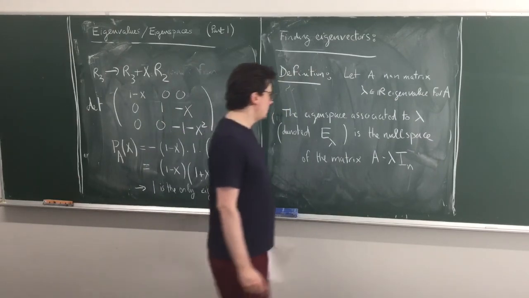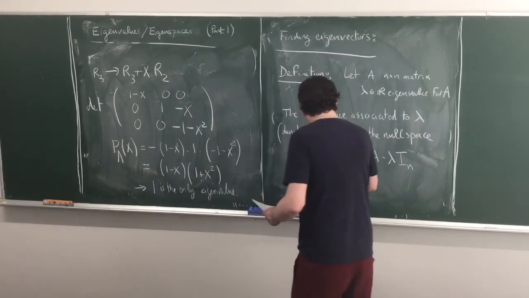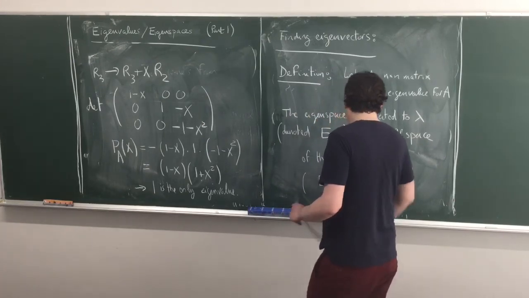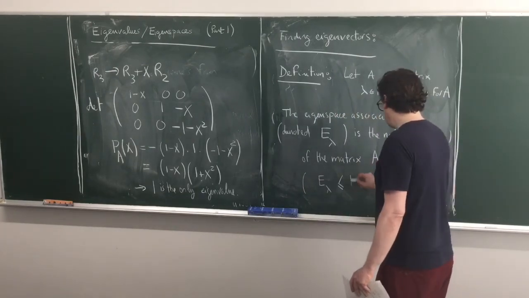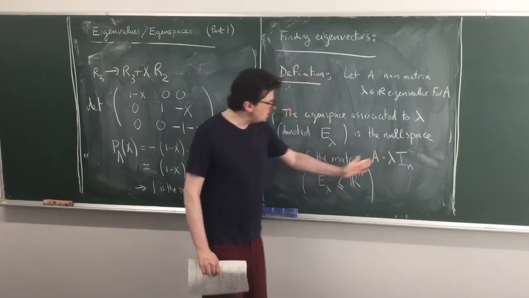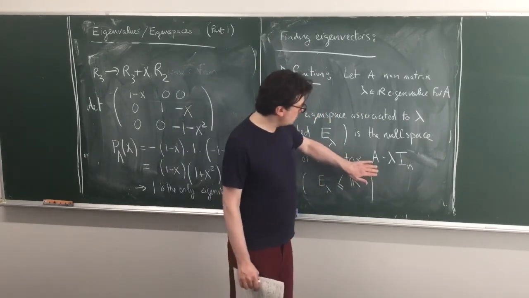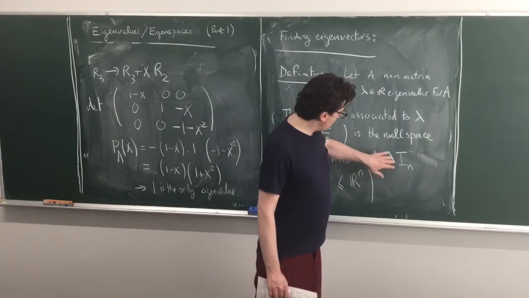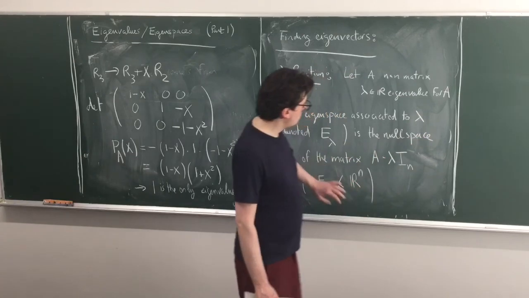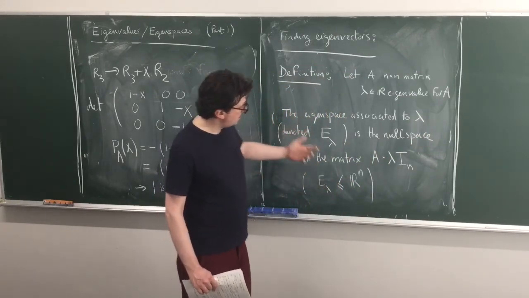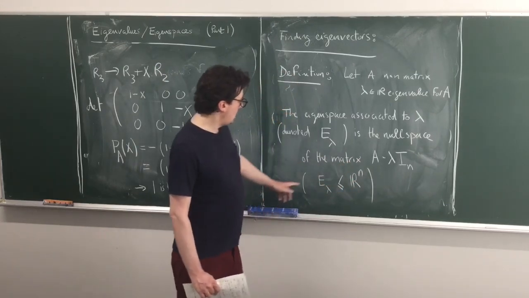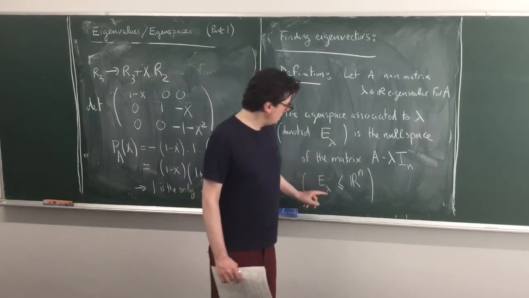All right, so remember, in particular, E lambda will be a subspace of R to the n. Because by definition, the null space of this is the set of vectors v such that A minus lambda times the identity, applied to v, equals 0. So v is a vector with coordinates x1 to xn, an n-tuple, an element of R to the n. And the set of all such vectors will be E lambda.